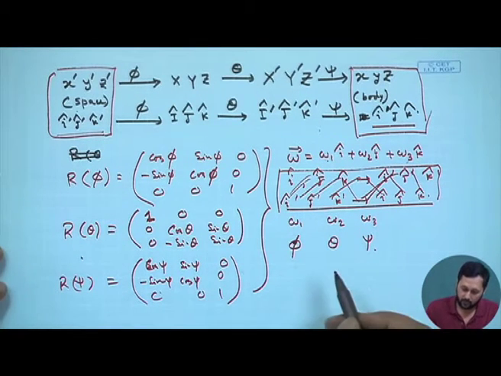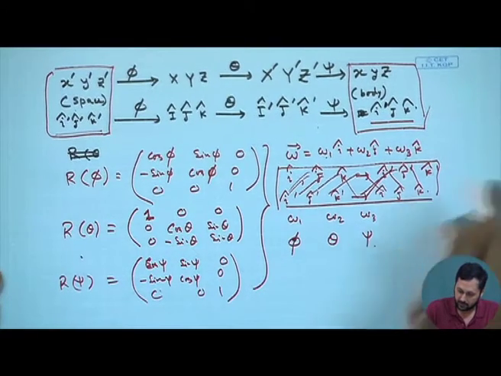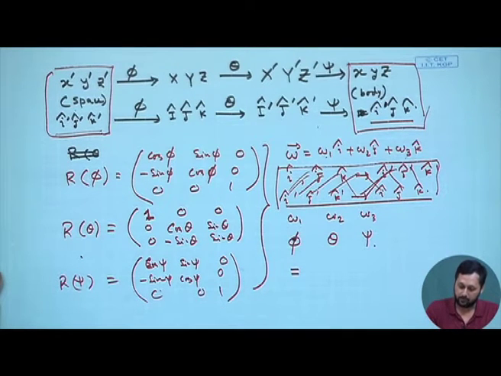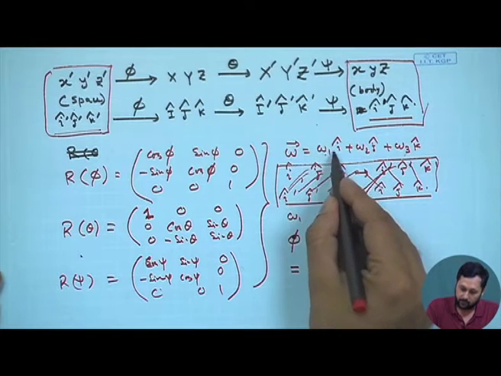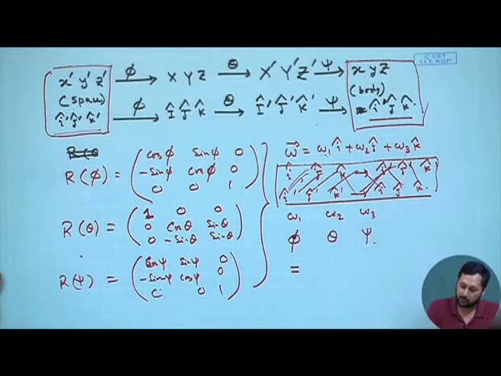Now, what can be done is, we can write this equation in a slightly alternative form. We are finally aiming to write in terms of omega 1 i cap, omega 2 j cap and omega 3 k cap.